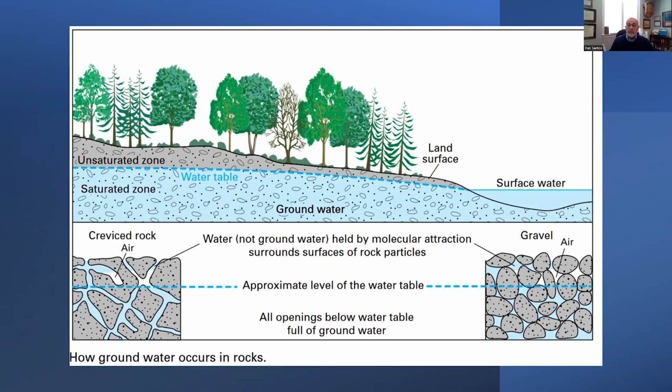So if it's boulders, then there'd be a lot of space between the boulders because they can't get that close. But if it was sand, it packs very tightly together, so there's not a lot of space between those grains of sand. So the sand would be less porous, the boulders would be more porous.